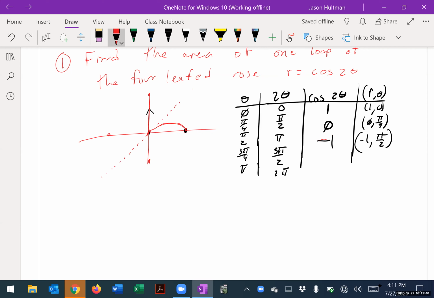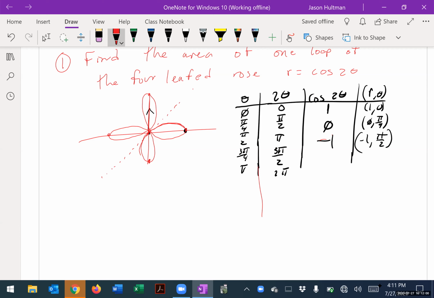Okay, so like so, goes out like this, then it goes off like this, and it goes up like this, and then it goes down like this. Okay, and it cycles through.